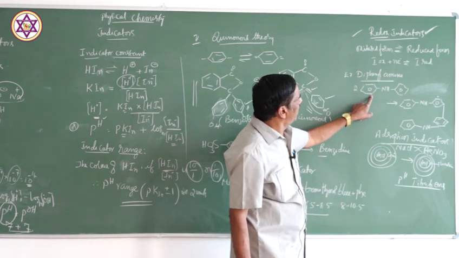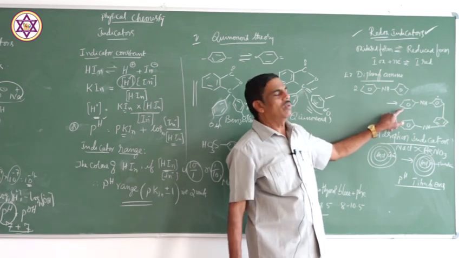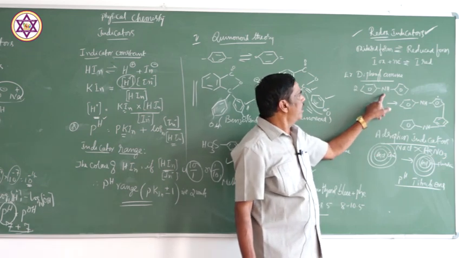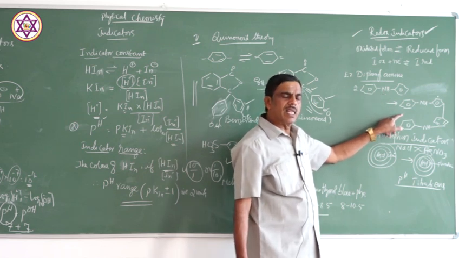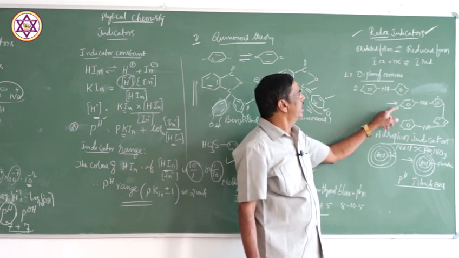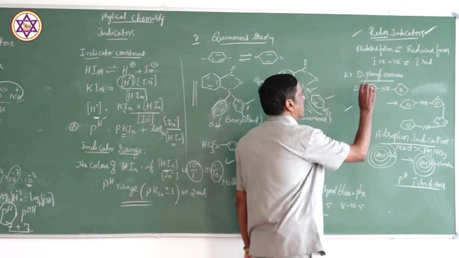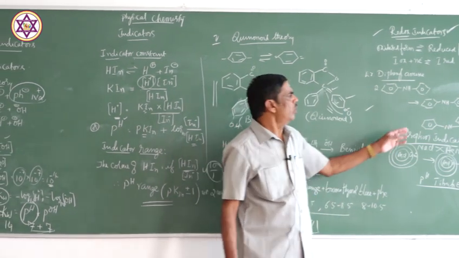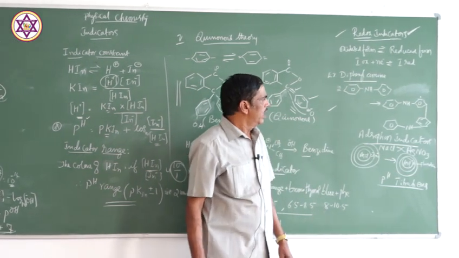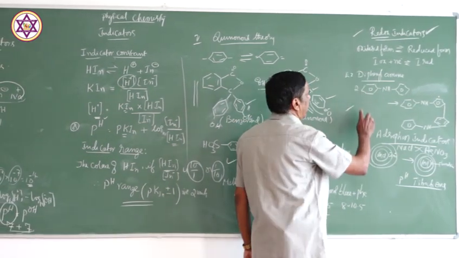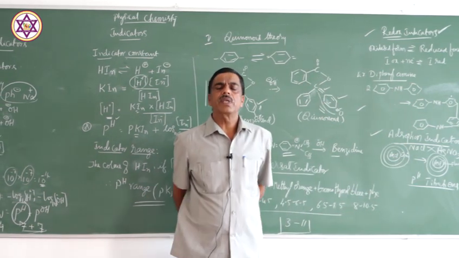This diphenylamine undergoes oxidation to form benzidine. So, diphenylamine has one color and benzidine has another color. Therefore, this indicator can be used in the redox titration. A change from yellow color to orange color takes place. That is redox indicators. So, acid base indicators, redox indicators, and lastly we have adsorption indicators.